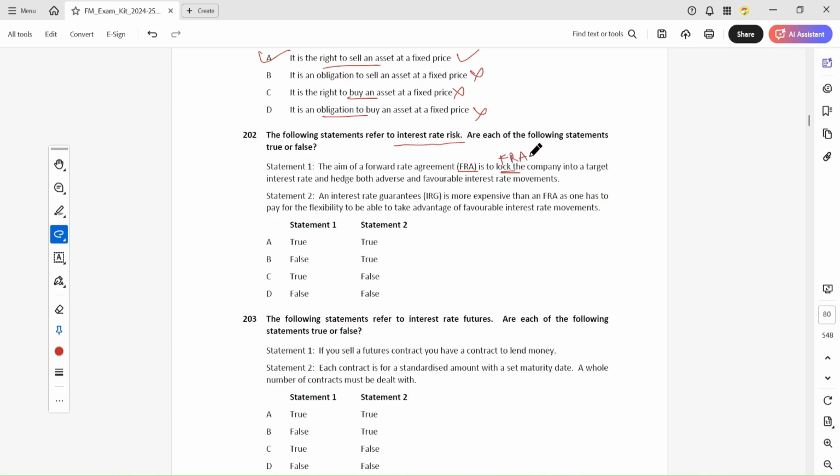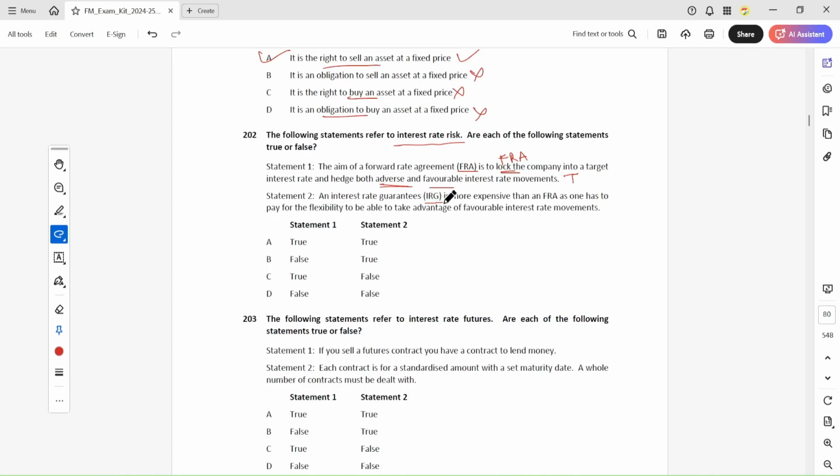A forward rate agreement locks the rate and covers both adverse and favorable interest rate movement. Yes, if you gain, you have to pay, but if you lose, the bank has to pay. So you are protected in both situations. Okay, so this is true, right?